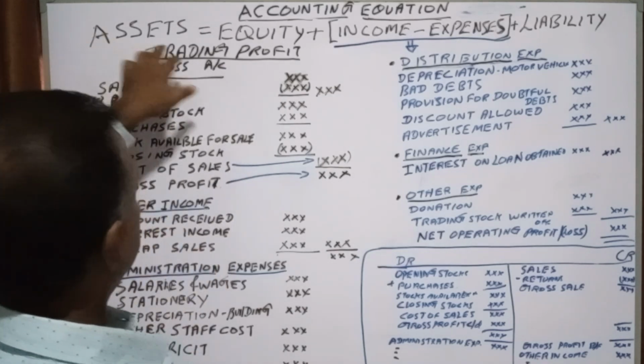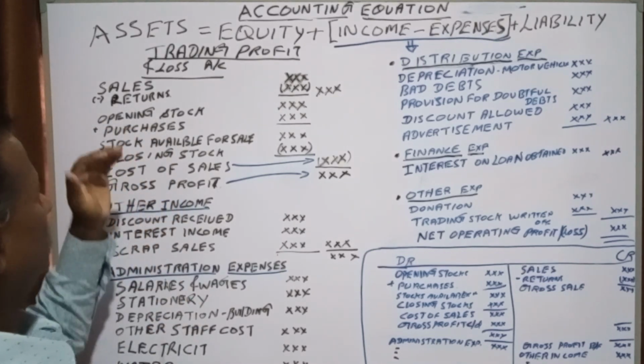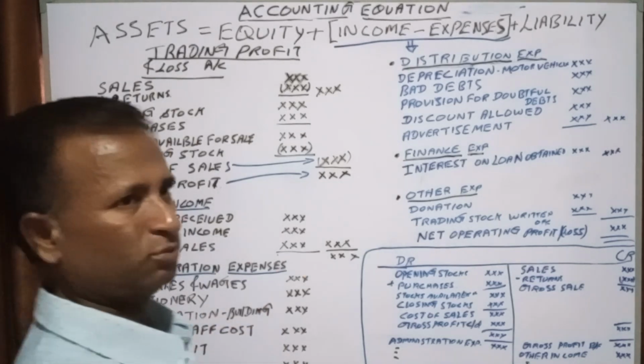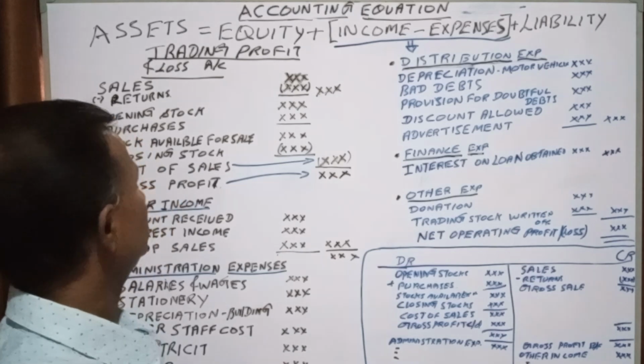So here in the trading and profit and loss account, we used to present only the income and expenses.